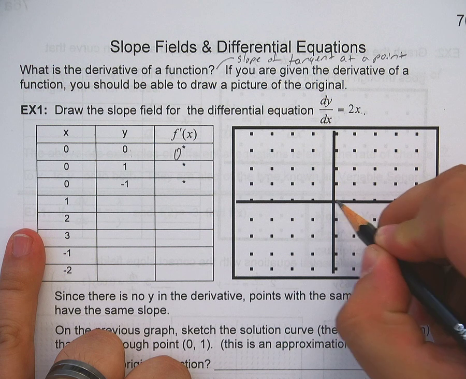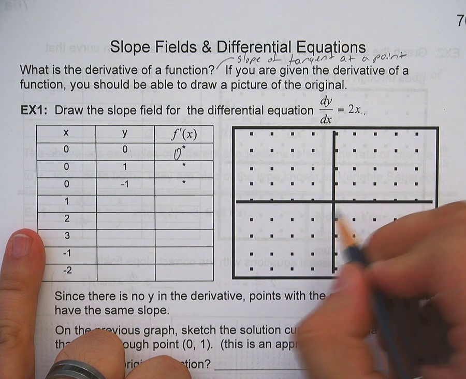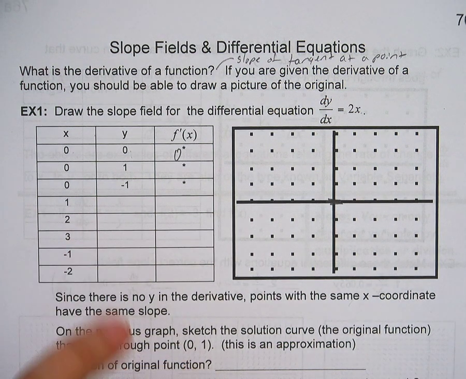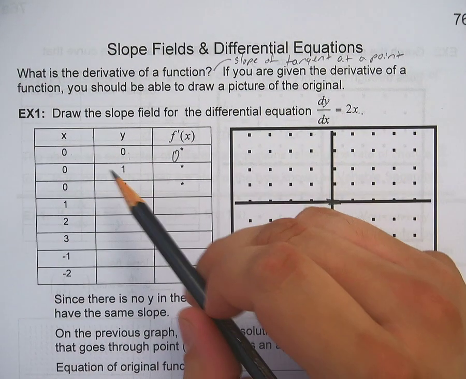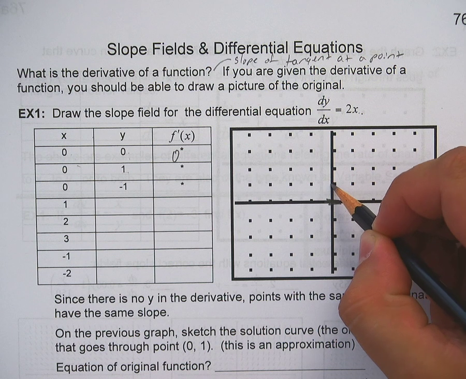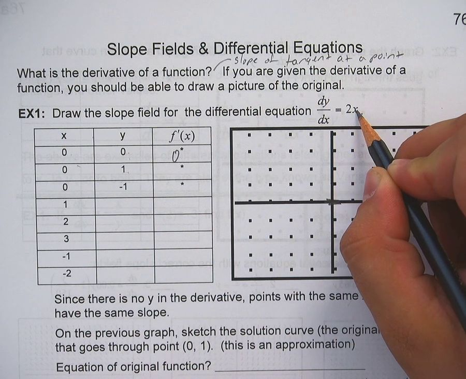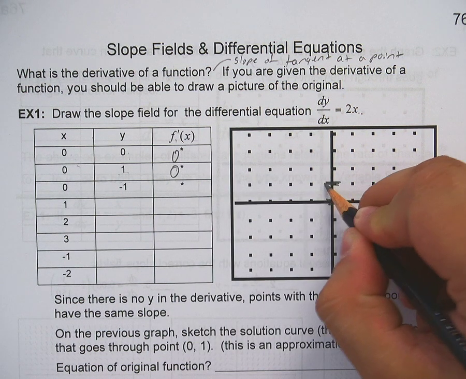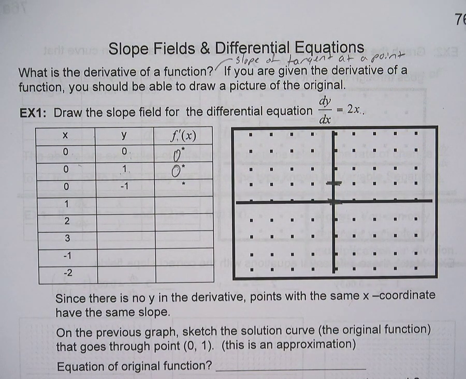So that means that at the point right here, your slope is 0, and it's just like this. At the point (0, 1) up here, again, you're plugging in a 0 for x, and you get a slope of 0. So it's going to be laying flat horizontally.